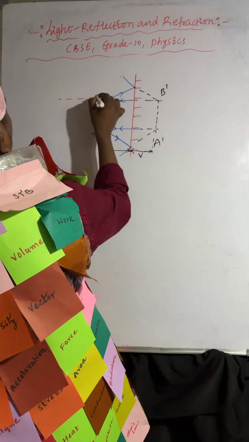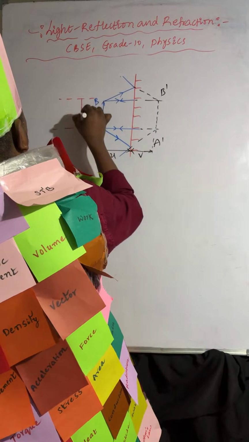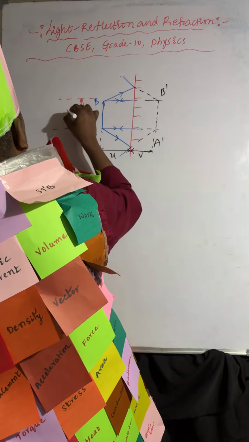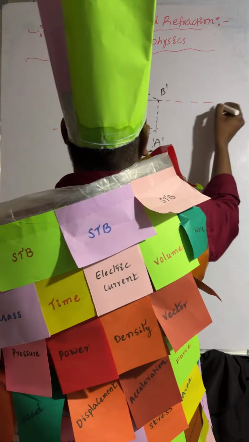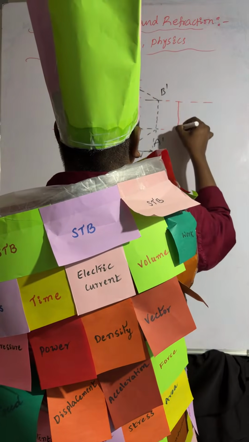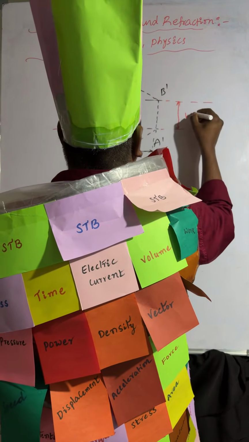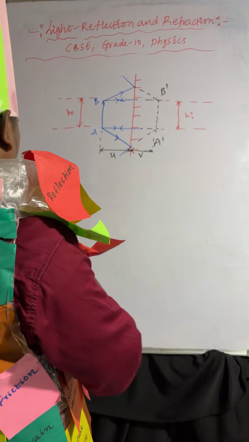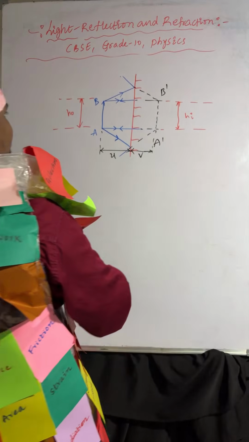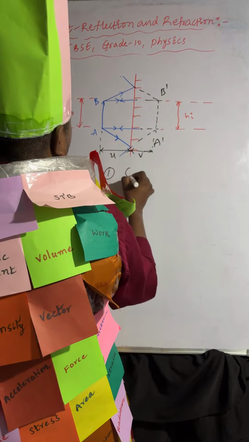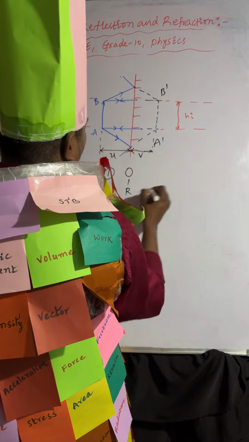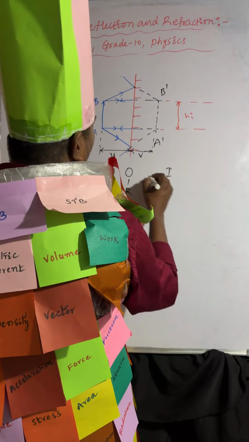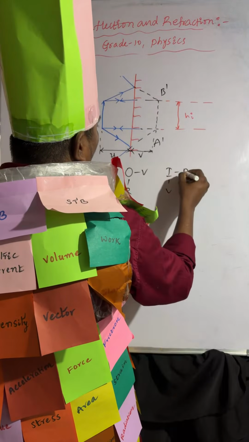This is the height of the object, and here is the height of the image. So now point number one: object distance. Object is real, image is virtual. Object is virtual, image is real.